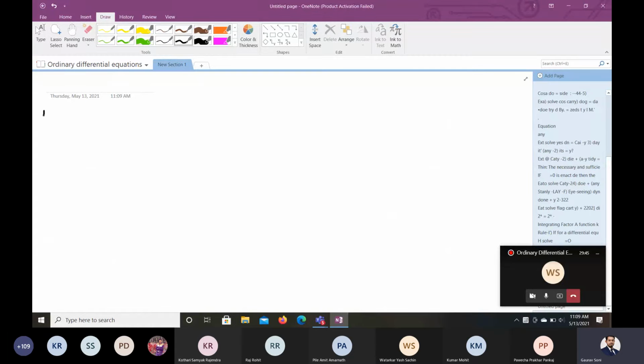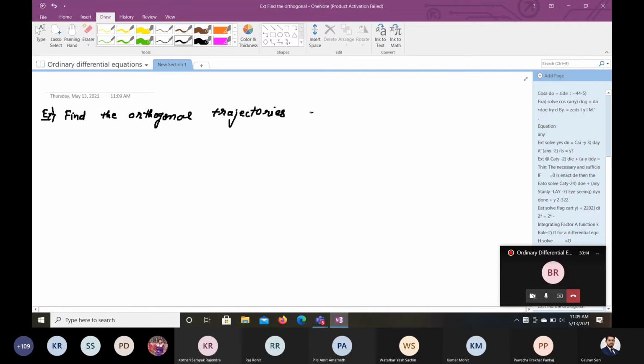Example. Find the orthogonal trajectories of x square plus 2y square equal to c square.